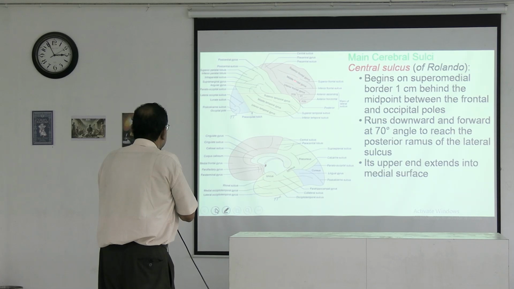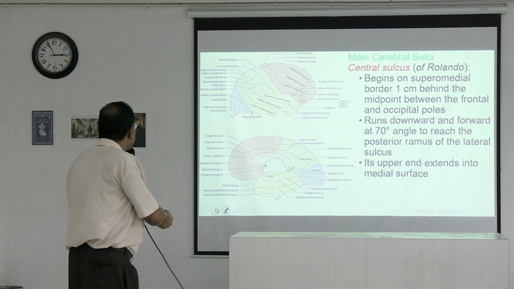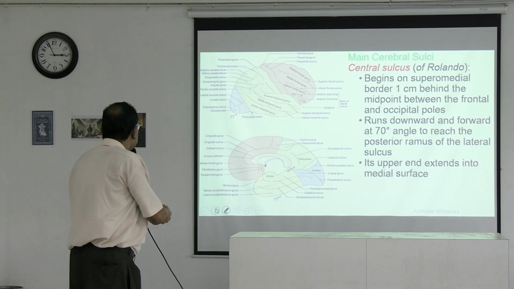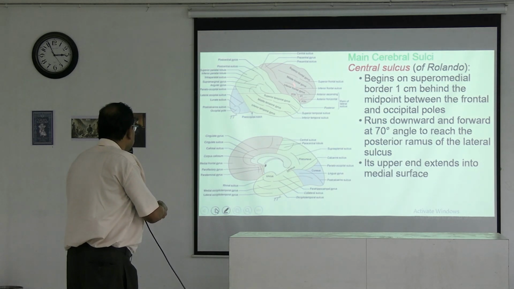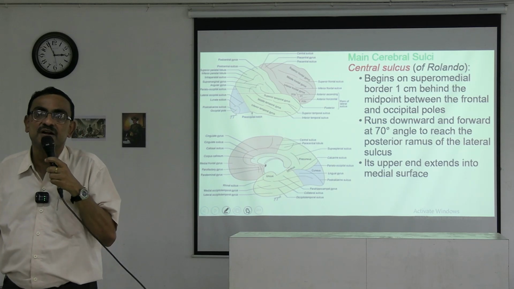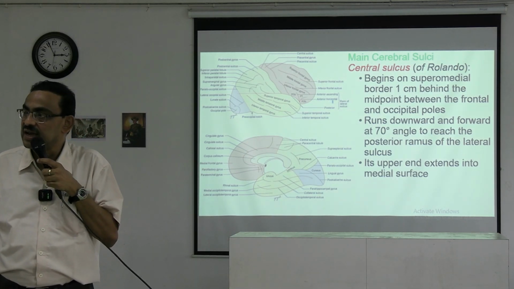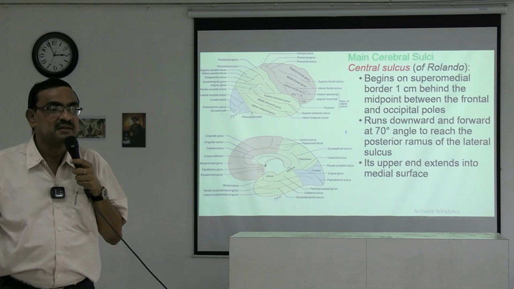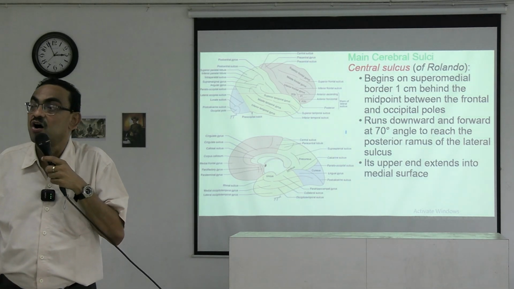Now, this is the inferior frontal gyrus, where we can find the stems of the lateral sulcus, the anterior horizontal and anterior ascending parts, entering. Within the inferior frontal gyrus, we get the Broca's area of speech.